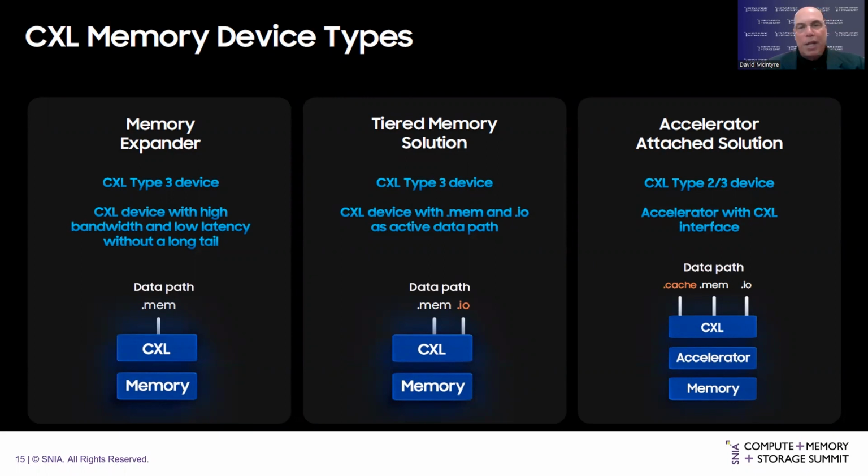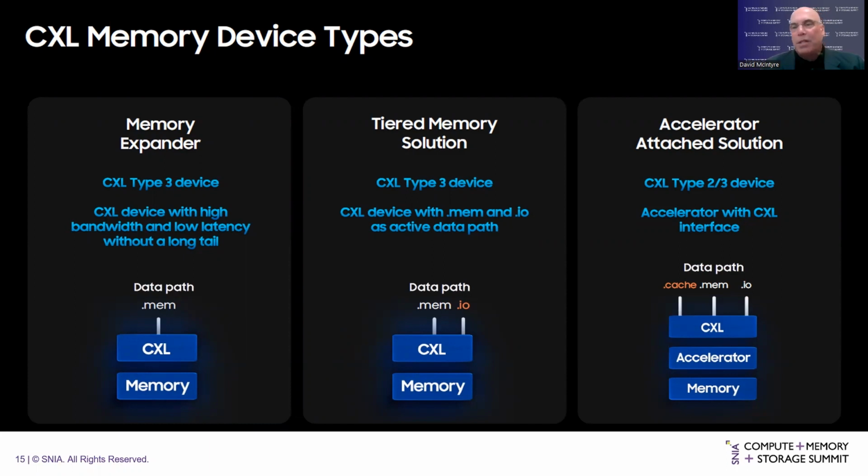For the middle category of device, a tiered memory solution, which is very important for some of these higher performance applications, we would also utilize the .mem and .io CXL protocol functions and provide an active data path as well through .io.